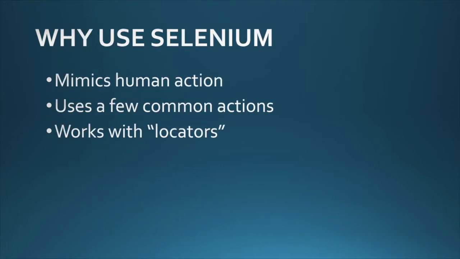Why use Selenium? Selenium mimics human action. It uses a few common actions and works with locators. These are the 3 things we need to understand before we go ahead with our automation.